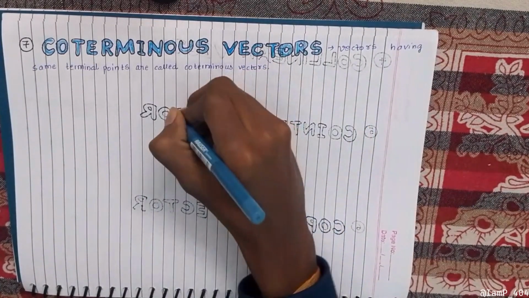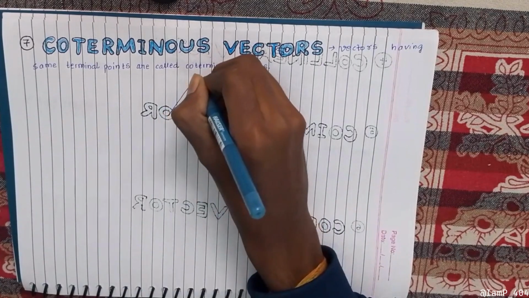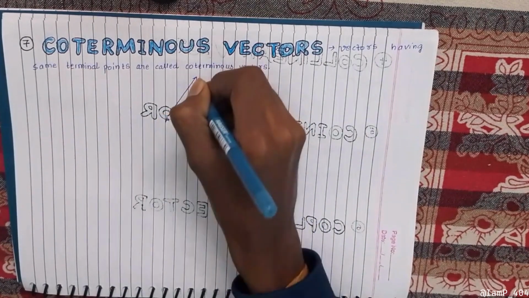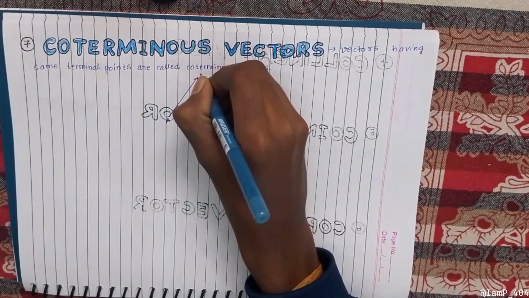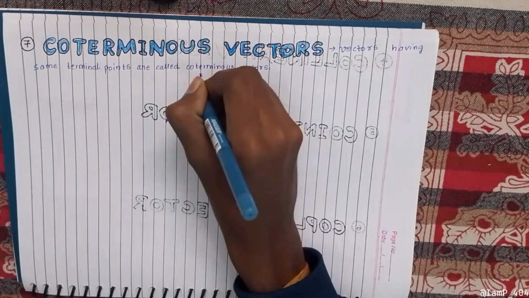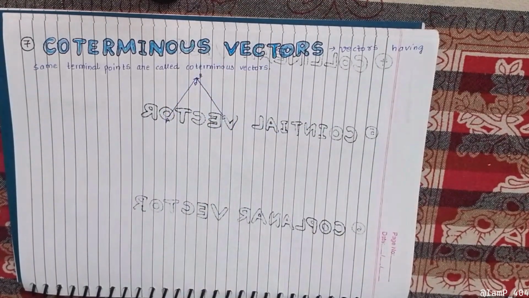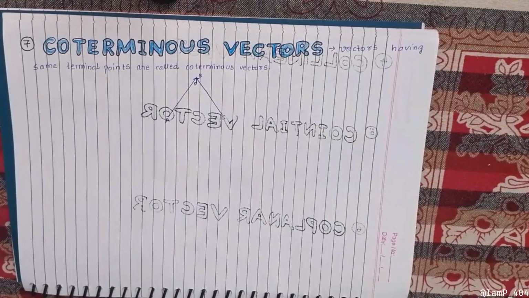Simple. I will draw a picture of that too. For example, this is a vector AB, and this is a vector CD. They both have the same terminal point, thus it's a coterminous vector.